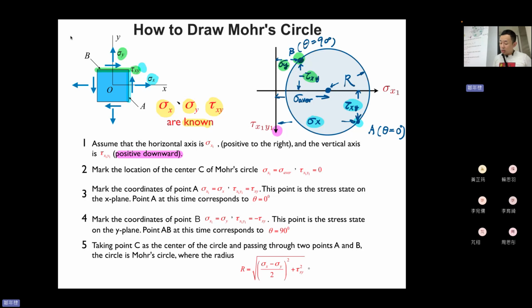Because if you go upward, later your rotation of this change of the theta will be completely reversed.